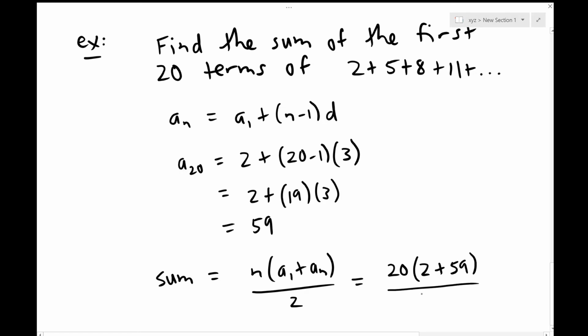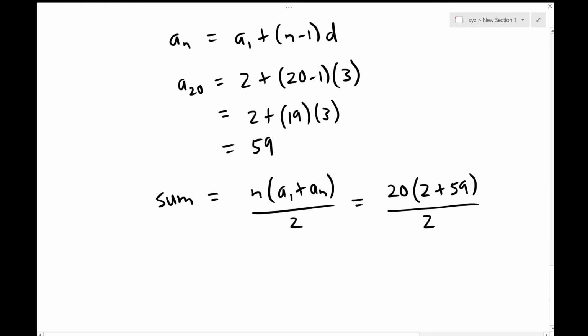And then we would want to divide that by 2 as well. And so simplifying here, we'll have 20 times 61 over 2. Again, we can reduce the 2 with the 20, make that a 10. So we're simply taking 10 times 61, which of course is just 610. So that would be the sum of the first 20 terms of this series.